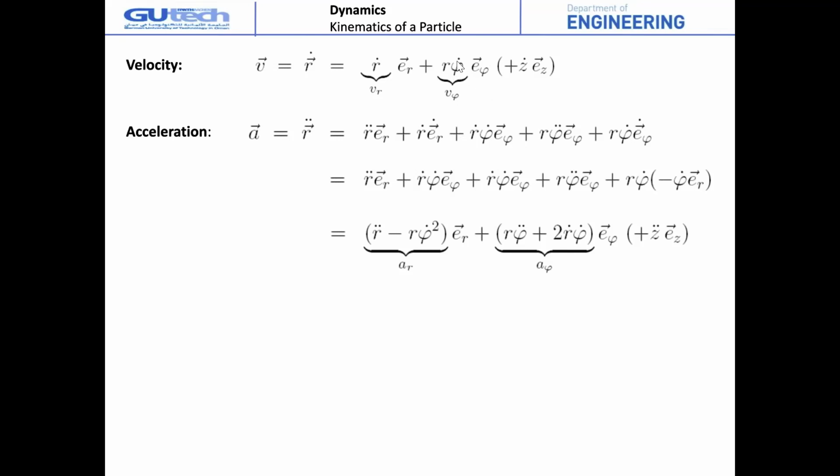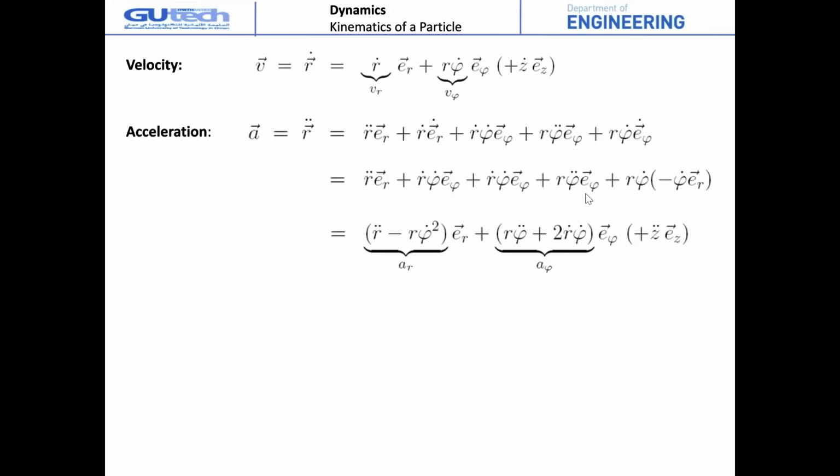For the term along the phi direction, we have r dot phi dot e phi, and then d phi dot over dt multiplied by r e phi. And the third one is d e phi over dt multiplied by r phi dot.